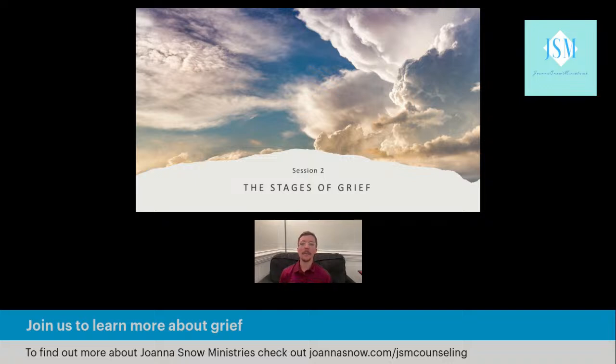There are a lot of different models that people have proposed. Again, people have identified the common stages or steps people go through as they grieve. And that's what we're going to be looking at tonight, these stages that people pass through as they grieve, as they've lost something. What do we move through?